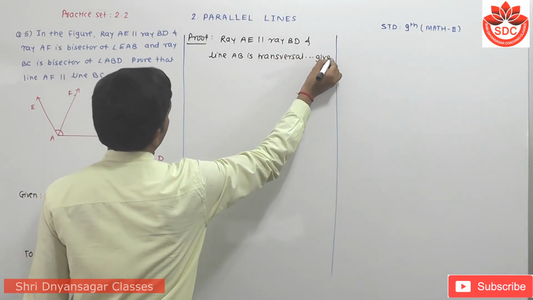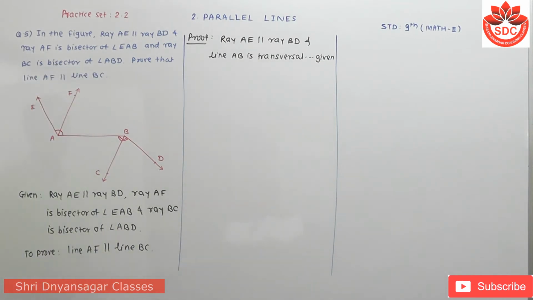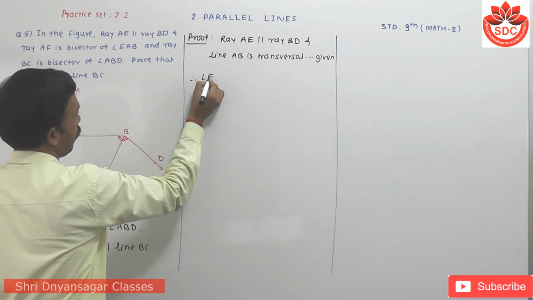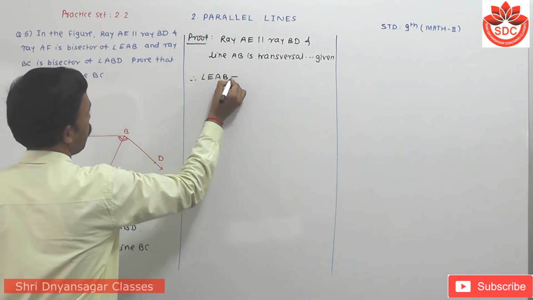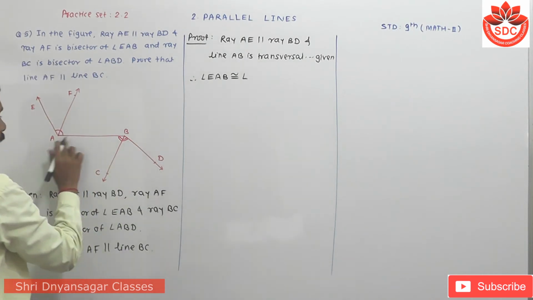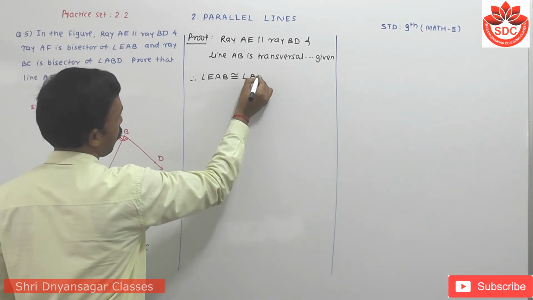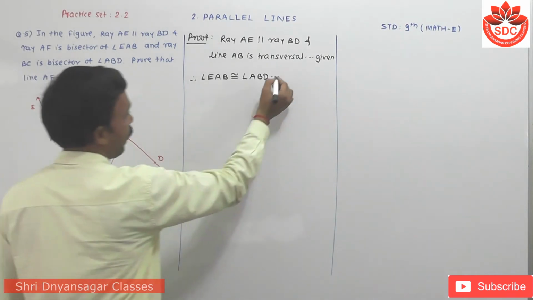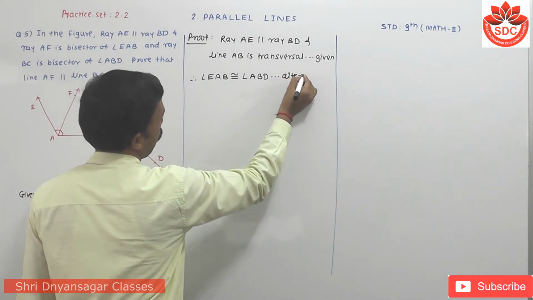This is given. Now students, then this angle EAB is congruent with angle ABD because which type of these angles? Alternate angles.